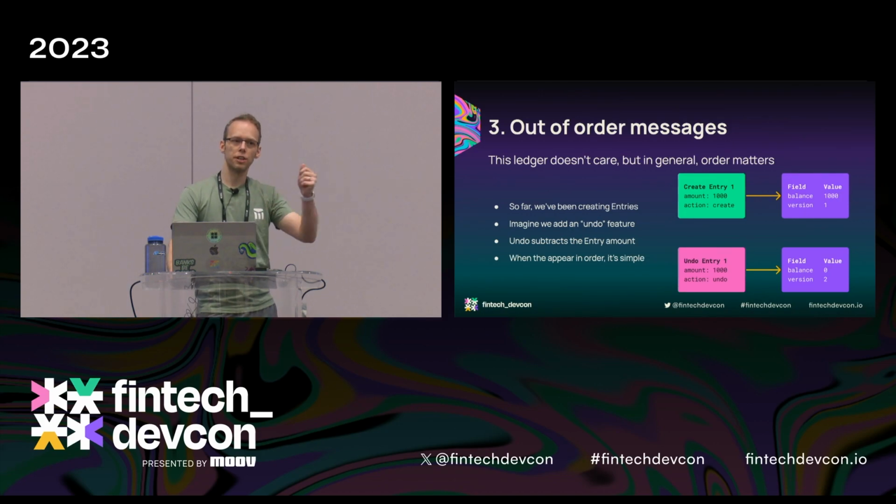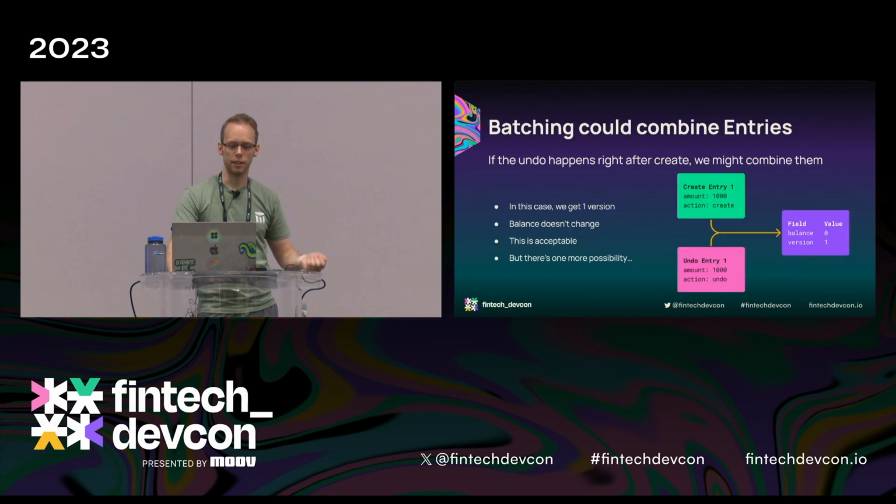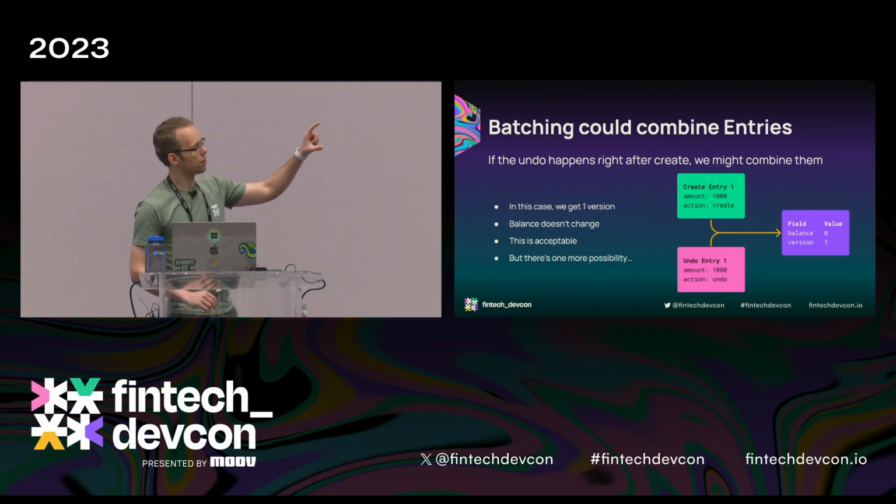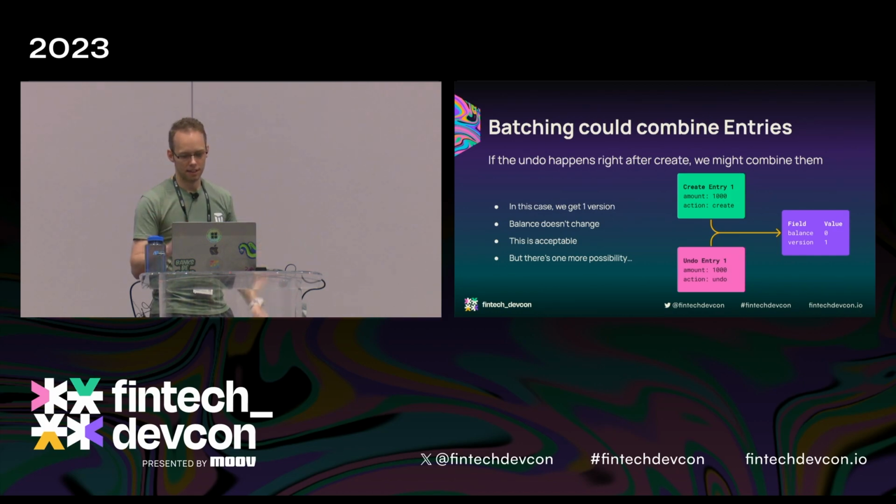Now, our queue poller is aggregating together many entries. So if a user creates and then undoes a transaction very rapidly, you could imagine you get both the create and the undo within 1 batch update. In this case, everything's fine. Instead of getting 2 versions, we get 1 version. The balance doesn't change. Everything's fine.